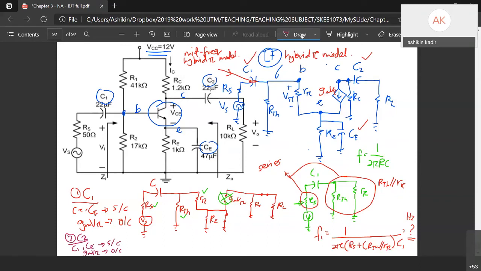Okay, so I want to simplify C2 over here. CE and C1 are short circuit. So we have RS and VS. C1 short circuit. Still RTH over here. And then Rπ. CE is short circuit. gmVπ.